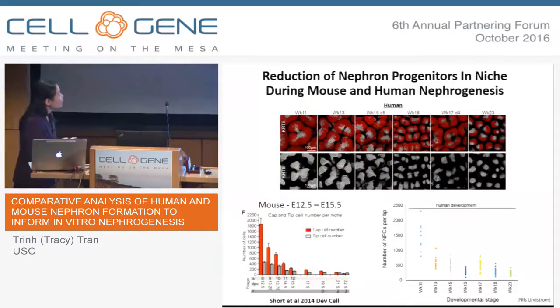One example is that we quantified the nephron progenitor cell endowment over time and compared that to the mouse, and we found that, very similar to the mouse, as nephrogenesis proceeds in human, we see a reduction in the nephron progenitor cell endowment.